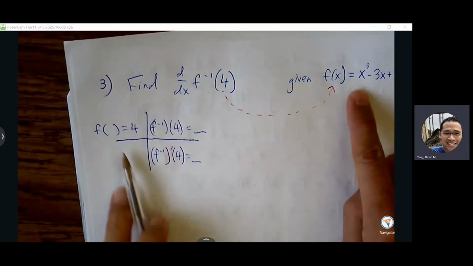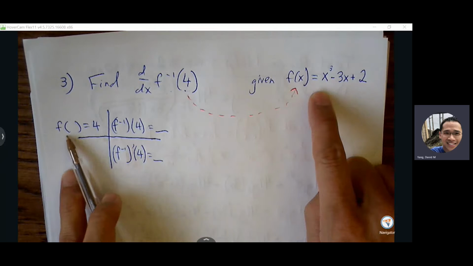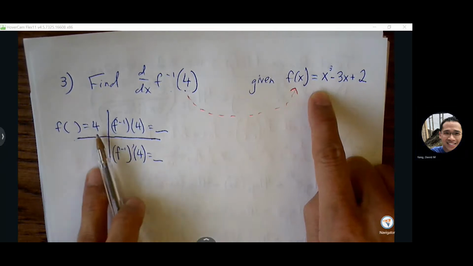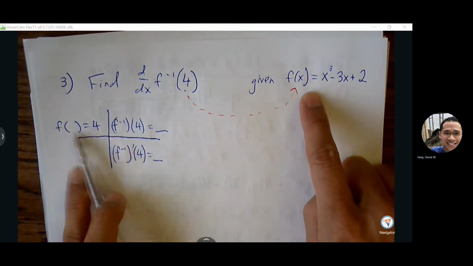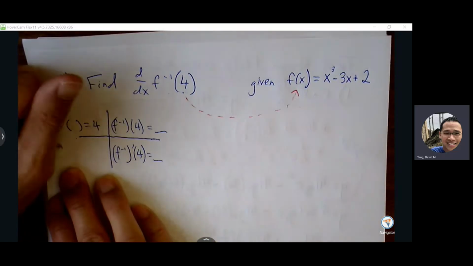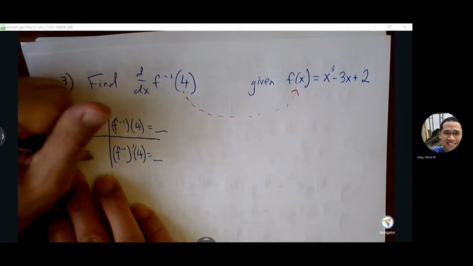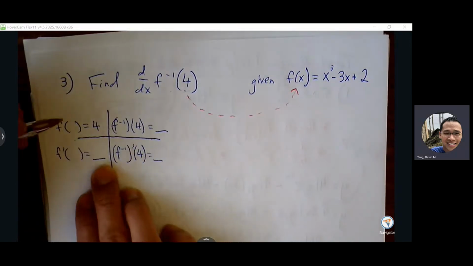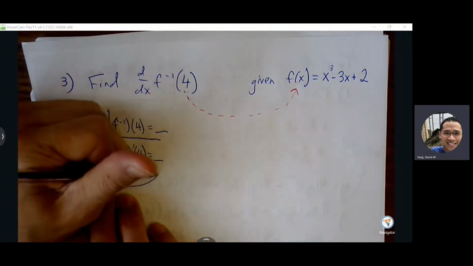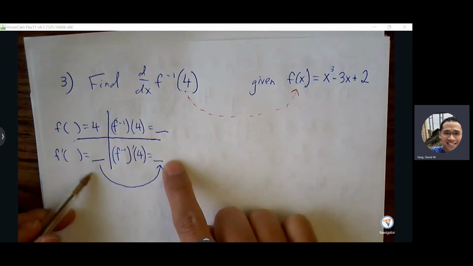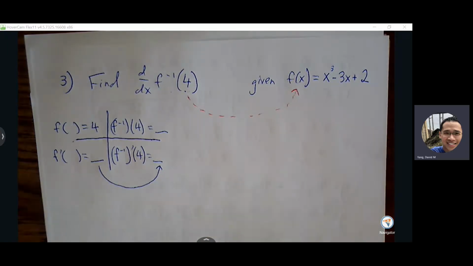Okay, so this is where my work is going to come in. I'm going to figure out what the x value is when the y is 4. Once I figure that out, then I can find the slope at a point. And once I find that slope, then that slope is going to lead me to the slope of the inverse, because these slopes will always be reciprocals of each other.